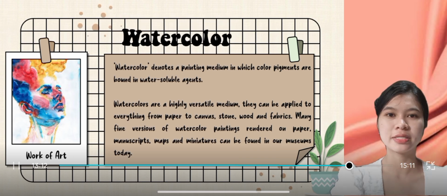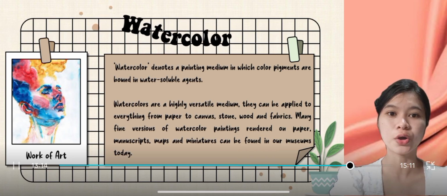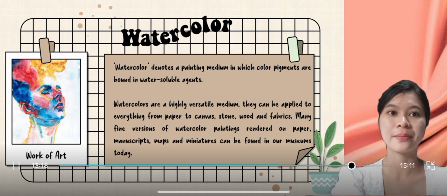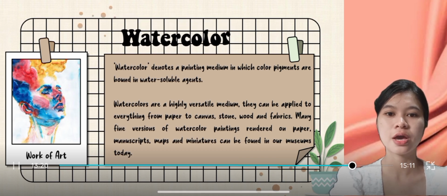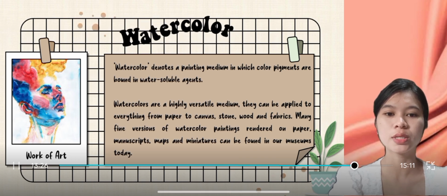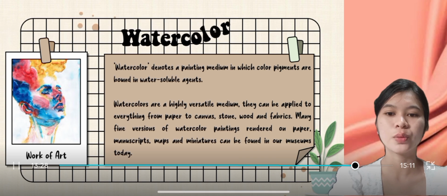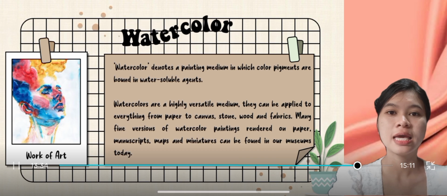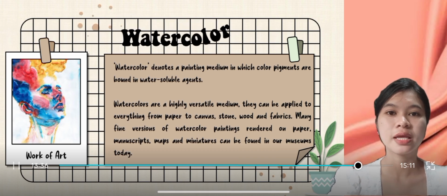Furthermore, the basic word for the watercolor describes a medium in which dry pigment is mixed first with a binder and with a watercolor, and also it is applied with a brush to support the vellum, the paper, the canvas, or even the ivory.